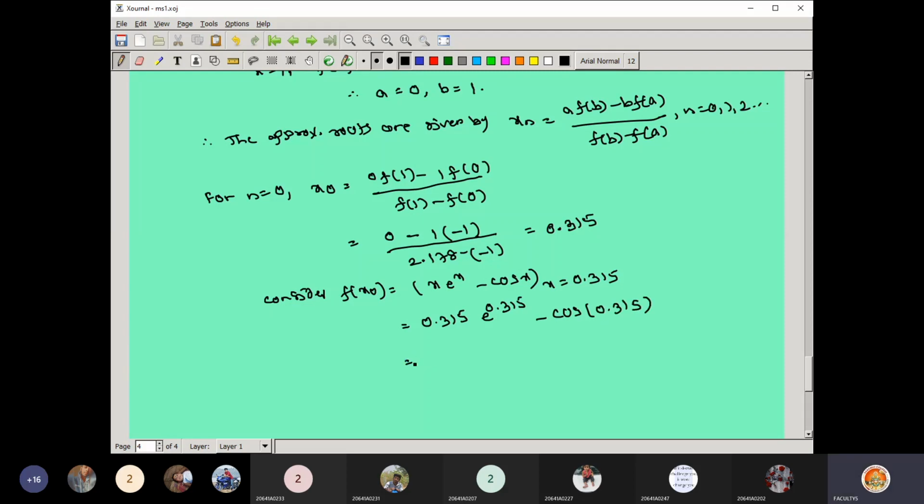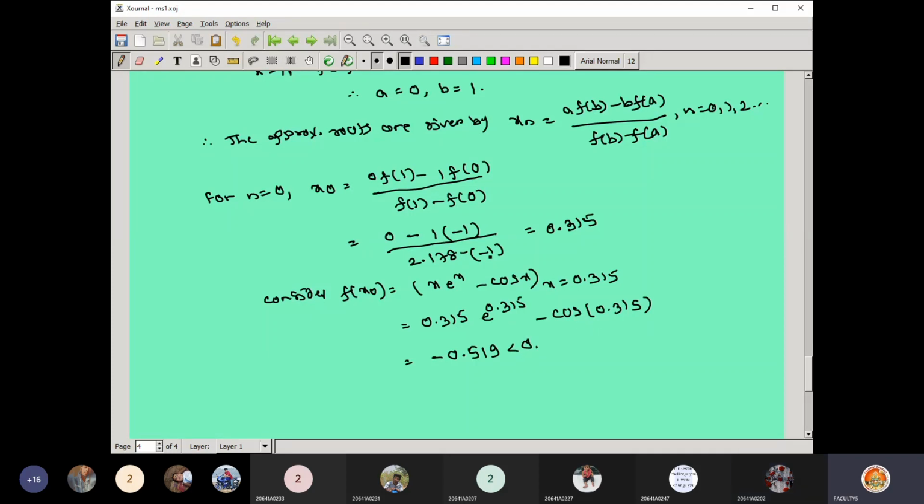You try to give the answer in the calculator: 0.315, shift ln button, minus cos of 0.315, bracket close, equal to. So are you getting minus 0.519? Right, minus 0.519. This is less than 0.